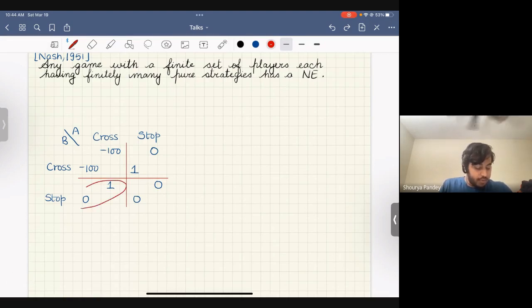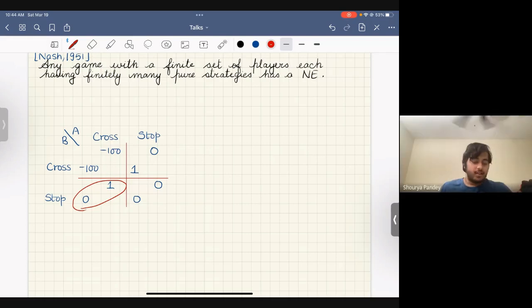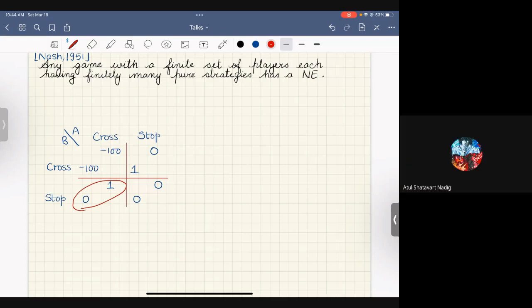Is this a Nash equilibrium? Yes. Why? Because if the other guy is going to cross, you would obviously never cross, and if the other guy is going to stop, you will obviously cross.